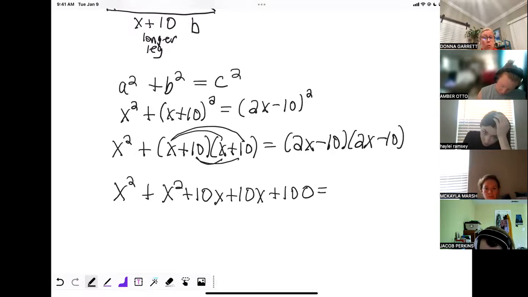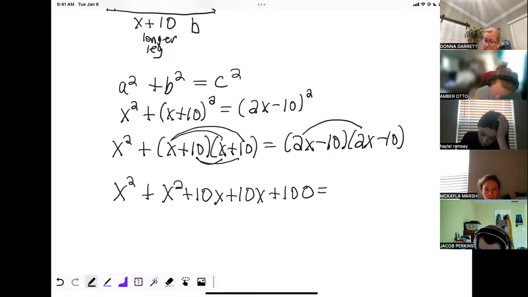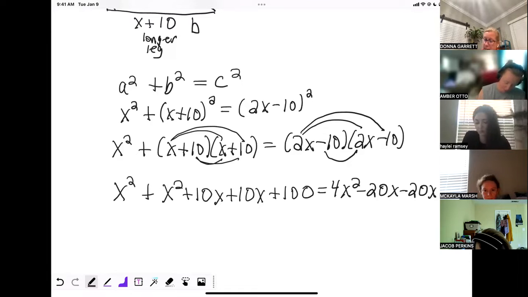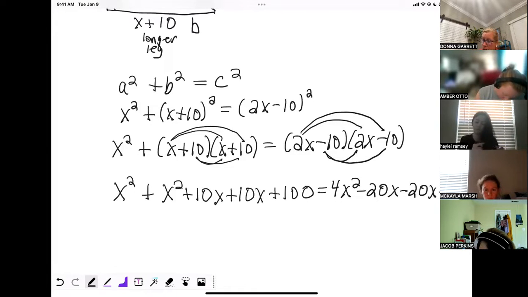And now we're going to FOIL the right side. 2x times 2x is 4x squared, 2x times negative 10 is negative 20x, negative 10 times 2x is another negative 20x, and negative 10 times negative 10 is 100.